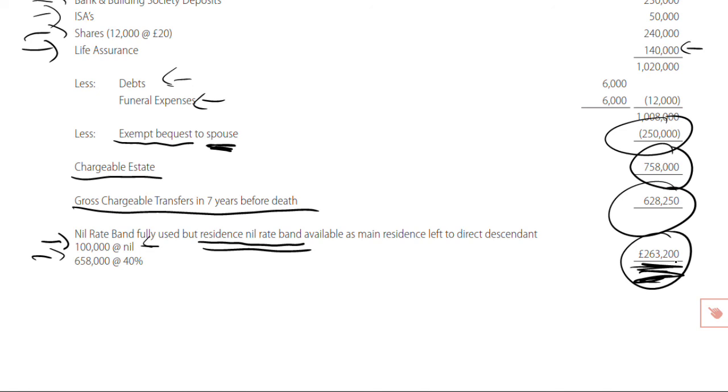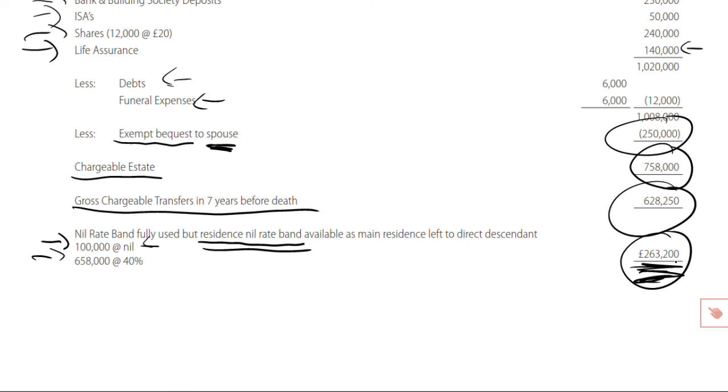What we're going to see to make that computation on death a little bit more interesting is, though we can ignore, for computation of tax purposes, PETs made before the 7 years of the date of death, we cannot ignore CLTs that were made more than 7 years before the date of death. The fact that they were more than 7 years, like there was one 8 years before the date of death, means that on death there would be no additional tax to pay.